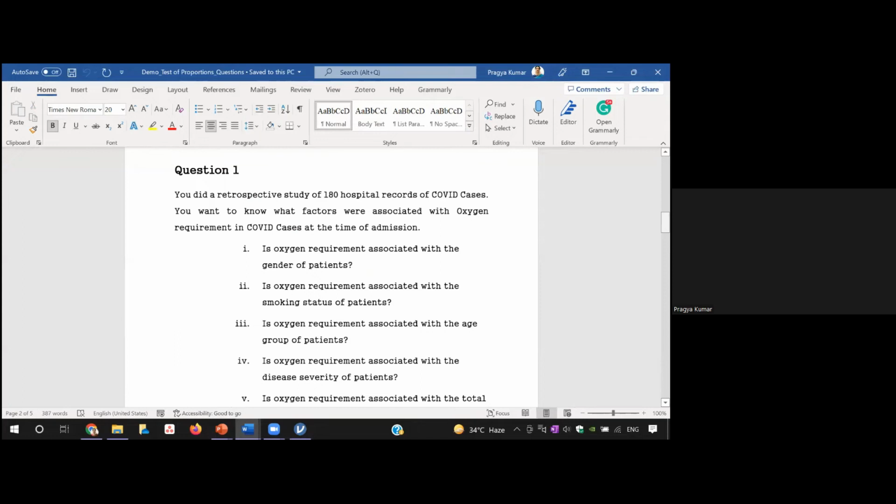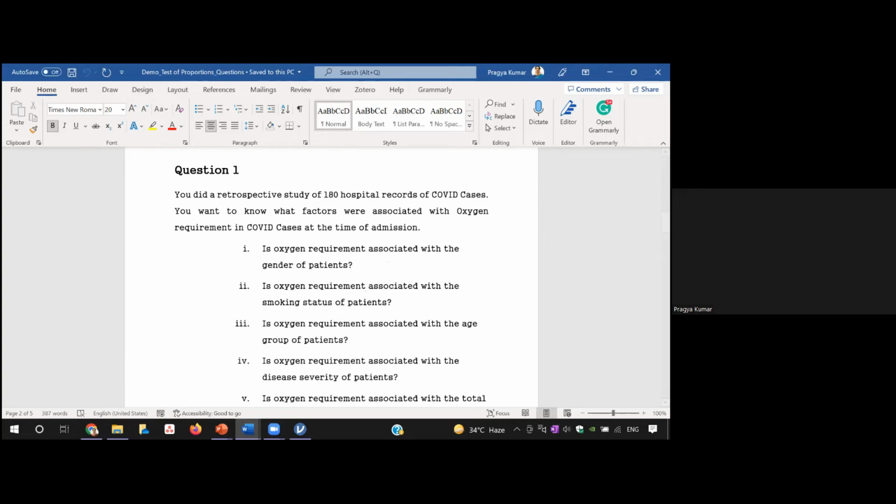My dependent variable in all these cases is oxygen requirement, and I want to see it against other variables like gender, whether the oxygen requirement was more in male or female patients. Similarly, whether it was more when the person was a smoker or a non-smoker. Similarly with the age group.